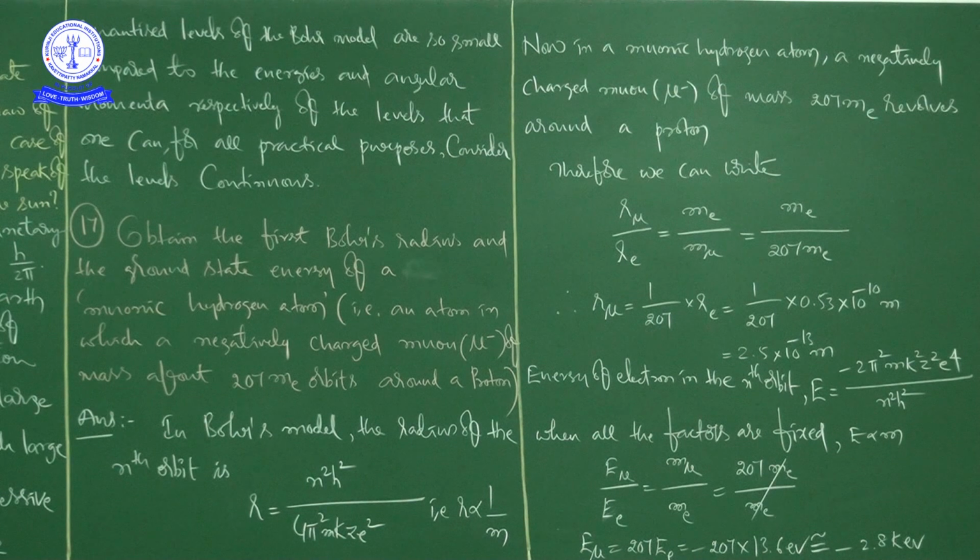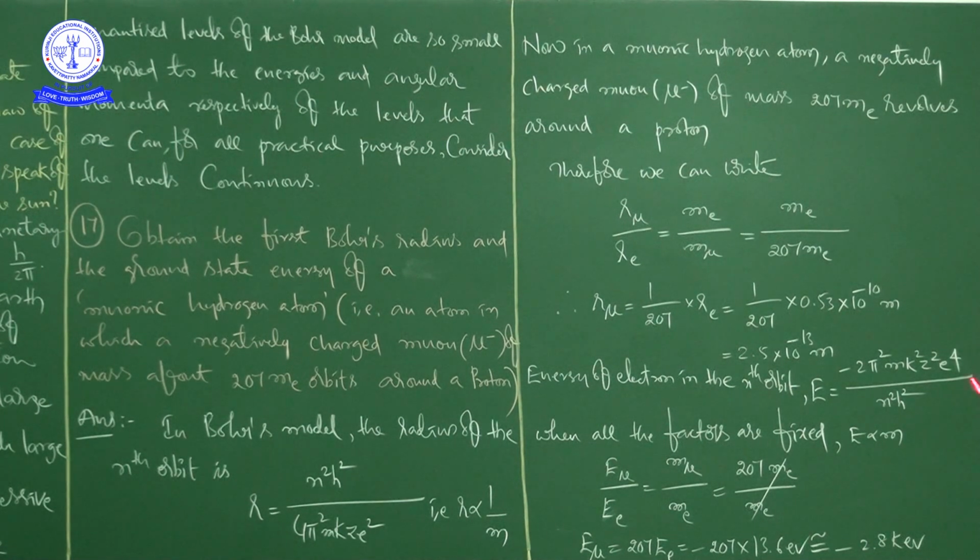This is the expression: E is equal to minus 2 pi square m k square z square e power 4 divided by n square h square. Here n is the number of the orbit, h is Planck's constant, and e is the charge of the electron.